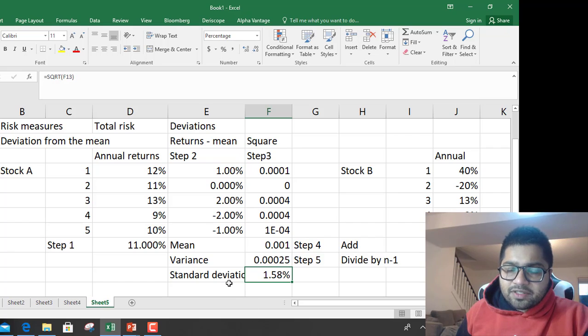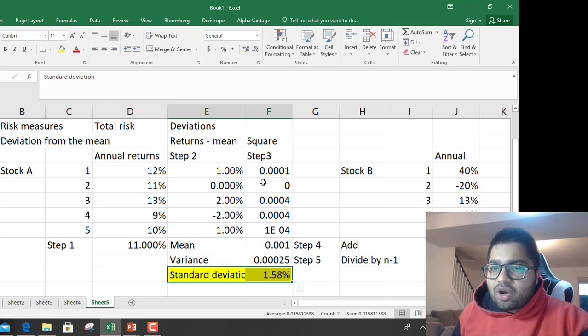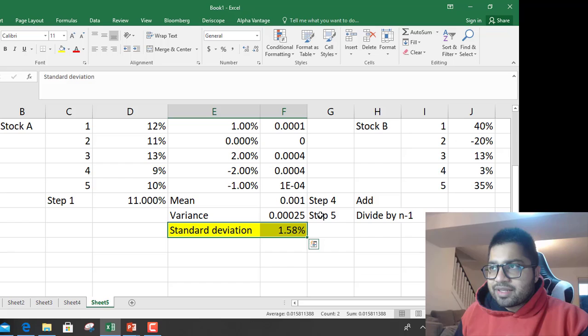And this is very meaningful. We look at standard deviation because it's an important figure. What does it show? It shows that this stock has a risk of 1.58%.